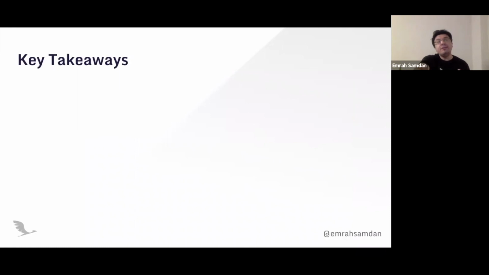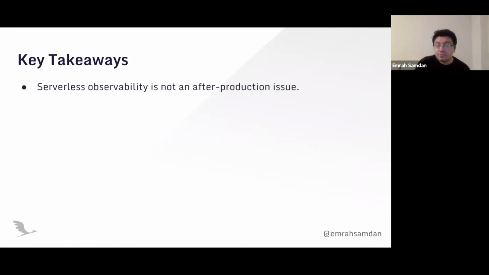So what are the key takeaways as we approach the end of this presentation? Observability is not an after-production issue. You should be thinking about how you are going to understand your system, and observability is key and needed before you go to production. You need to have all the tools, mechanisms, and also the cultural fit to use observability before you go into production.